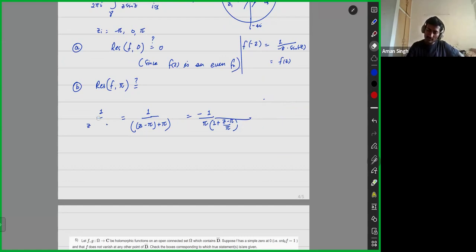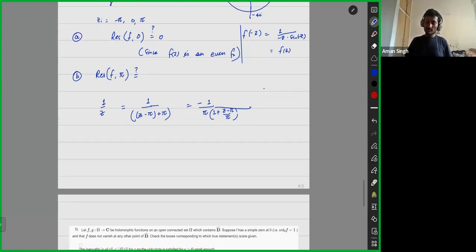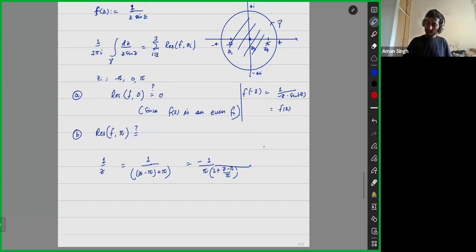This is for 1 by z. 1 by z can be written like this, and for it we'll get some expansion. So the domain matters. Where is the domain of this? z minus pi: if the center is pi, and divided by pi means this circle there. In this circle we have the expansion.